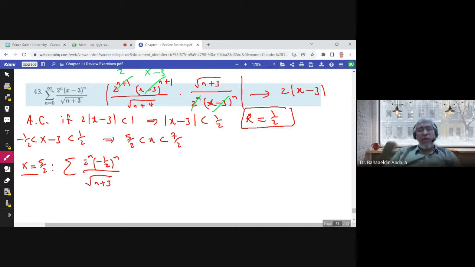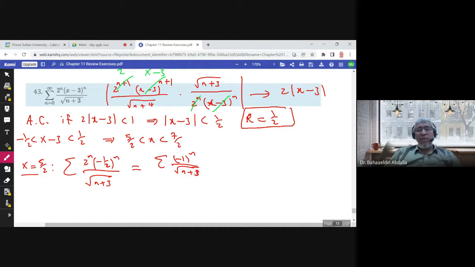Now I can write it 2 times negative half all to the power n. Combine the powers. Then 2 times half is 1. So I'll have summation negative 1 to the power n.